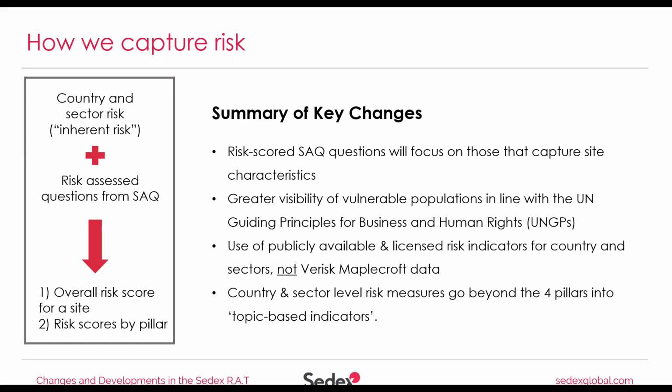What that really allows us to do is to be transparent in terms of what kind of information we're using and where it comes from. And secondly, it allows us to go further into the nature of risk and give more granularity and understanding behind those risk scores that you're getting. And as I said, I will go into that in more detail.